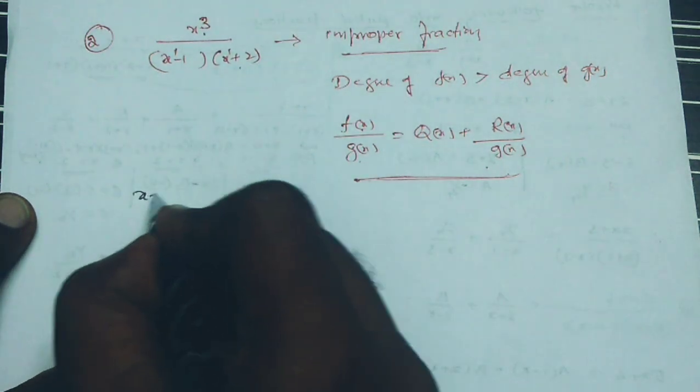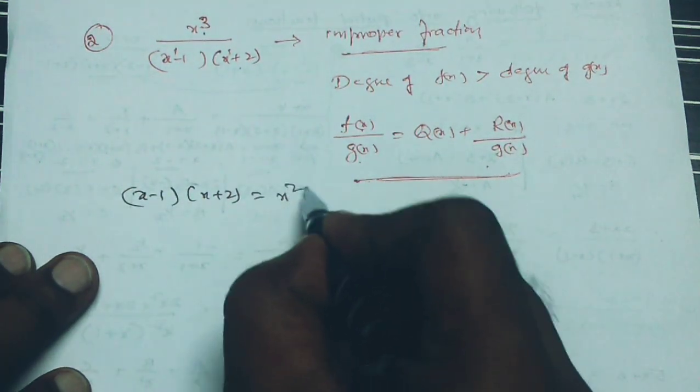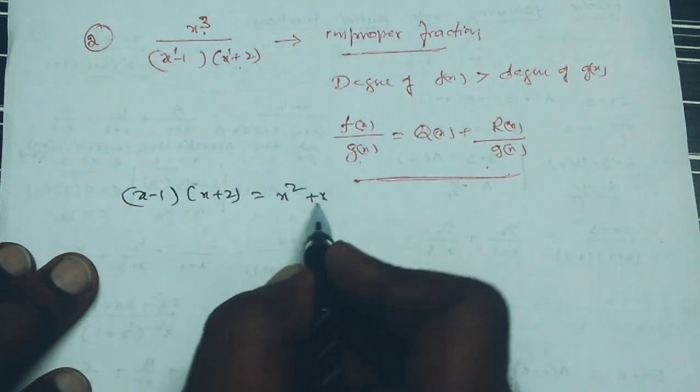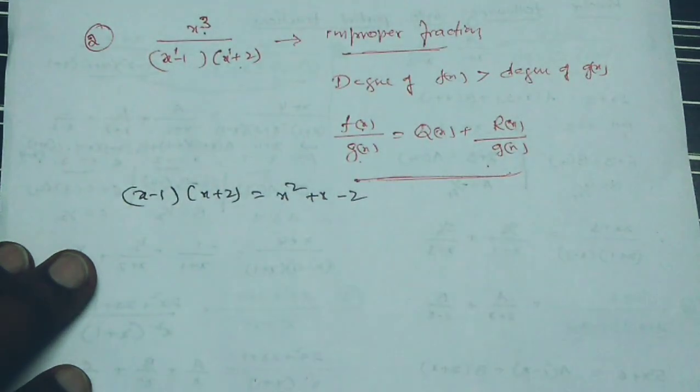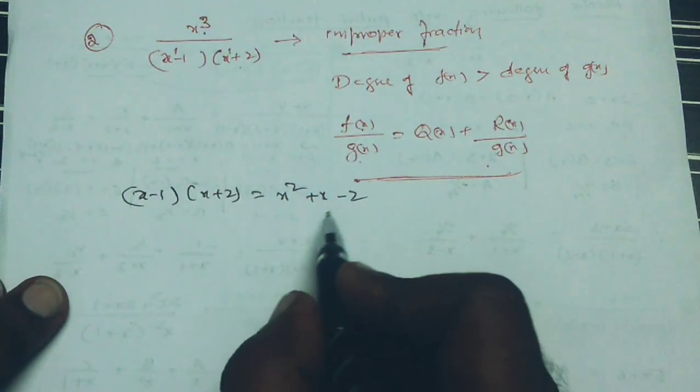So what is x minus 1 into x plus 2? x square plus x, 2x minus x is plus x, minus 2. It can be written as a quadratic expression. So we have to divide x cube with x square plus x minus 2.